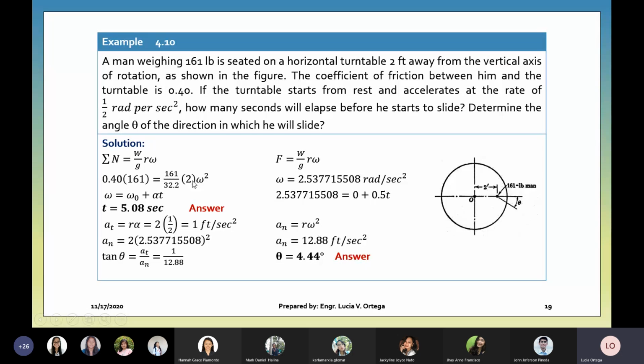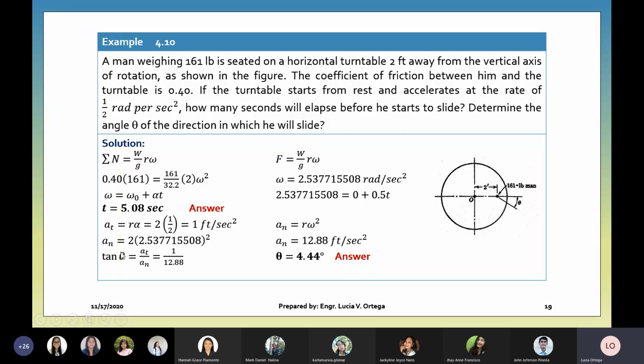This is, it's W. So here there is a mistake. This is normal force, so it should be RW squared. So here we put the correction. It should be RW squared. So that is right here. Okay? So substituting the given, the normal acceleration is equal to 12.88 feet per second squared.